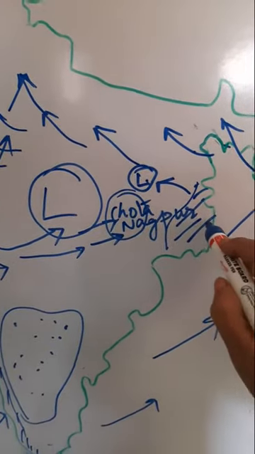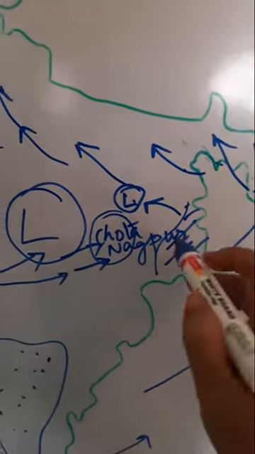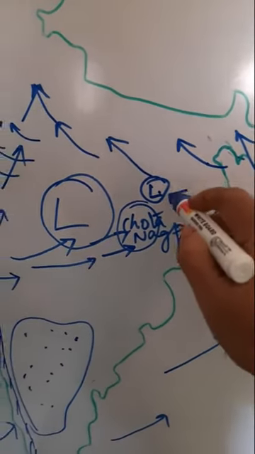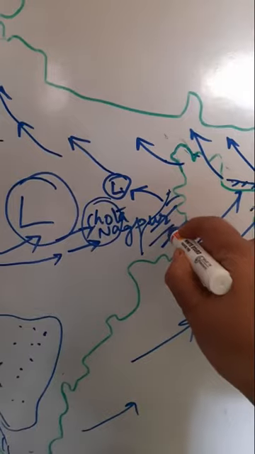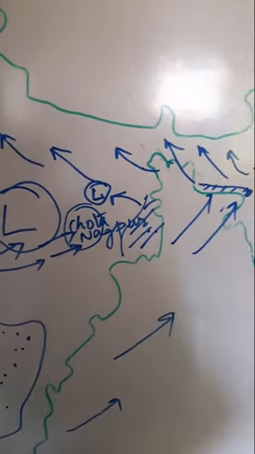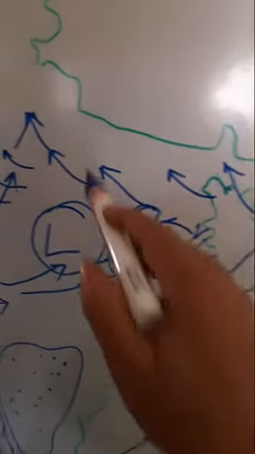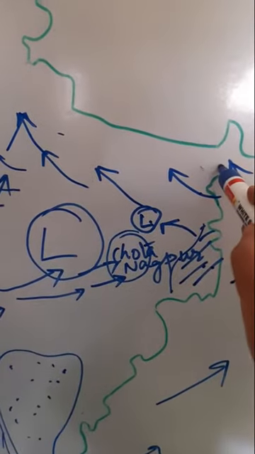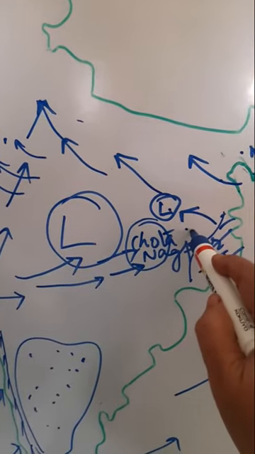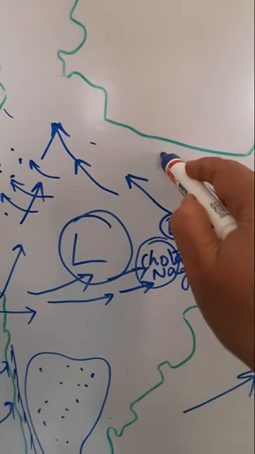So there will be a gap, because again the low pressure formation has to take place. Then only the winds will move here and cause rainfall. So this gap is known as break. When it is raining in this portion, it will be dry here. Again, when it is raining here, it will be dry here.